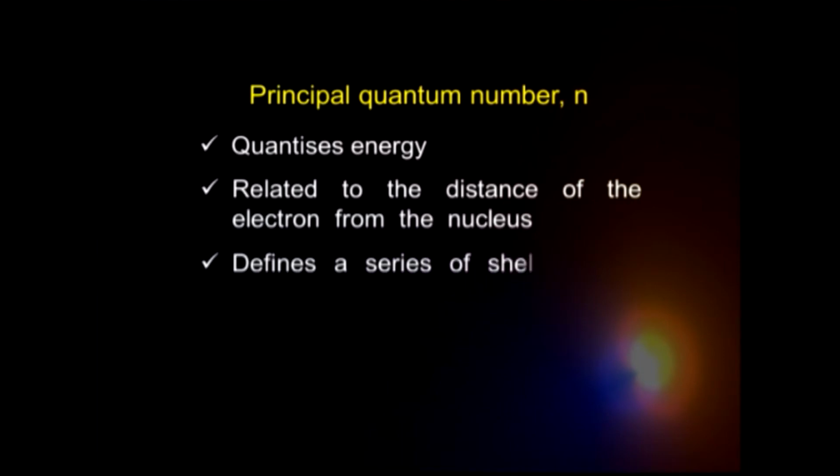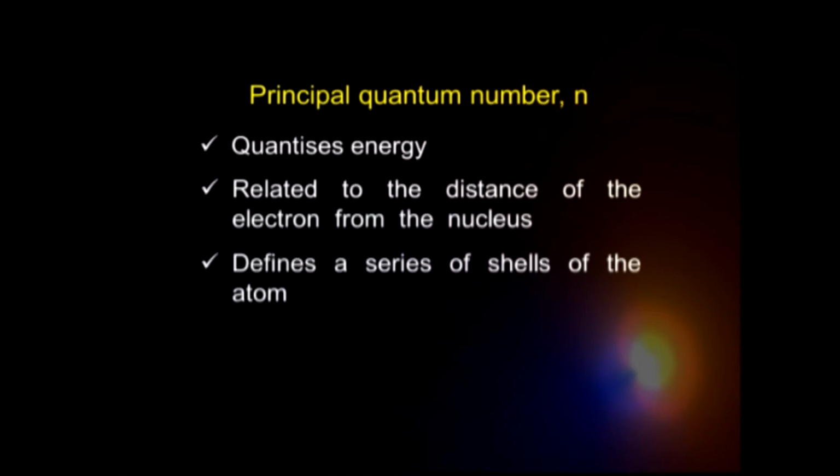In addition to that, this principal quantum number n defines a series of shells of the atom. That means when I say n is equal to 1, there is only one shell. When n is equal to 2, L can take values of 0, 1, and m can take values depending on the values of n and L. So all these put together define what is called one shell.